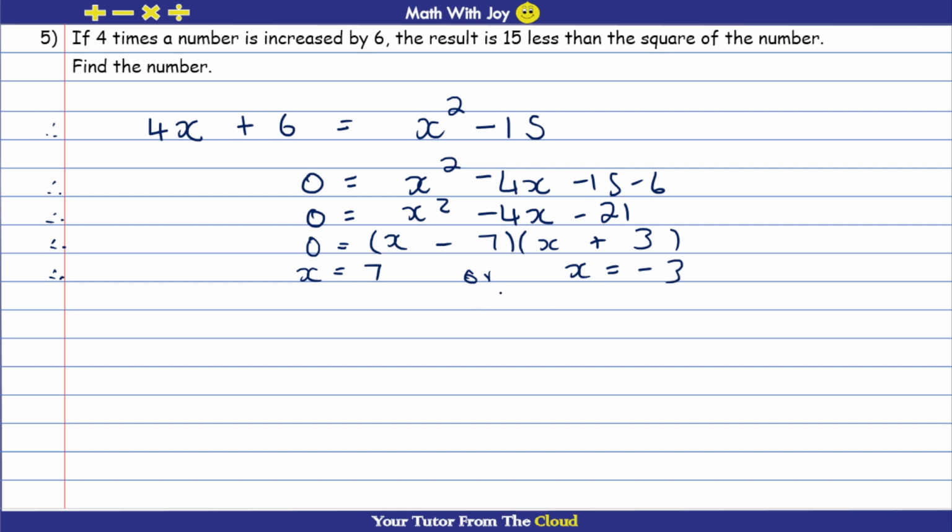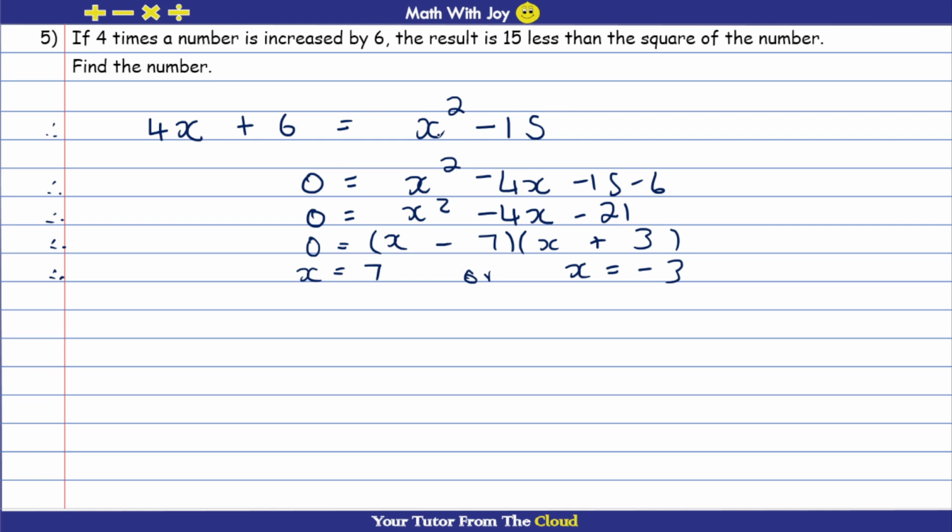And obviously, let's see if they did give us a restriction here. All right, so maybe we want to test this out to see which will actually give us the right answer. 4 times 7 is 28 plus 6 is going to give us 34.